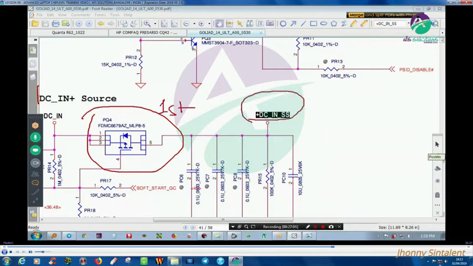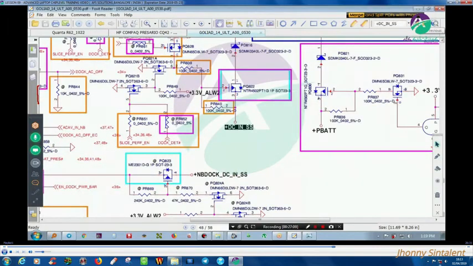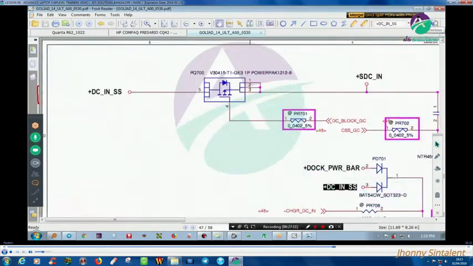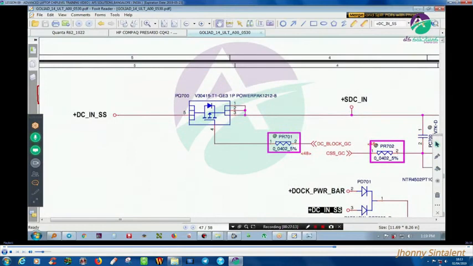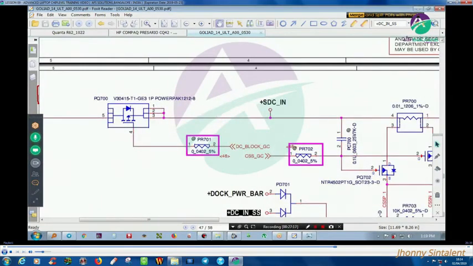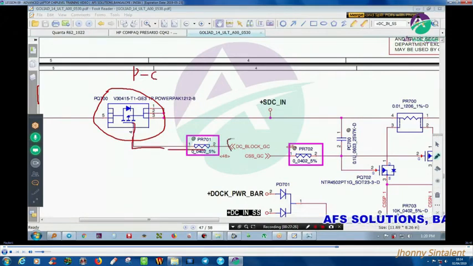Anyway, coming to page number 47, correct? So this is my voltage coming after passing my first MOSFET. This is my second MOSFET, and this is a P channel. So when I told you P channel means the gate support should be given from my charger IC, DC block gate control.